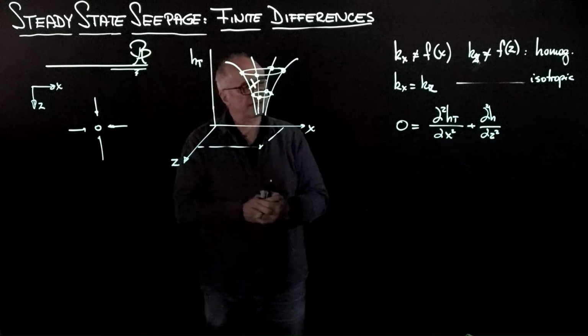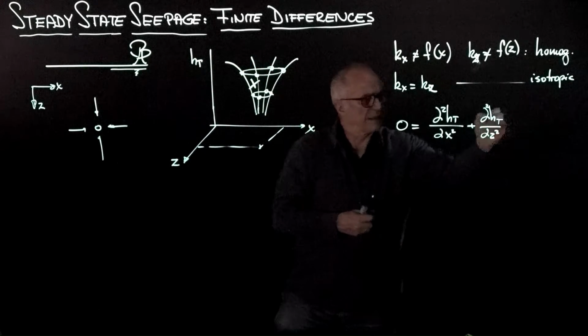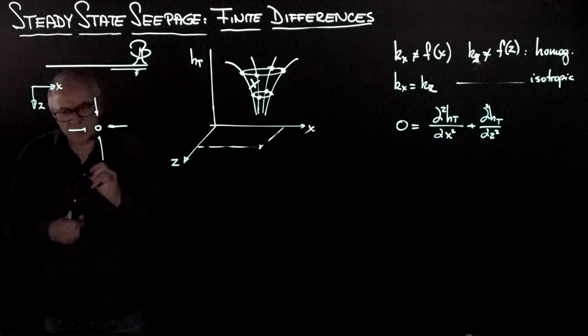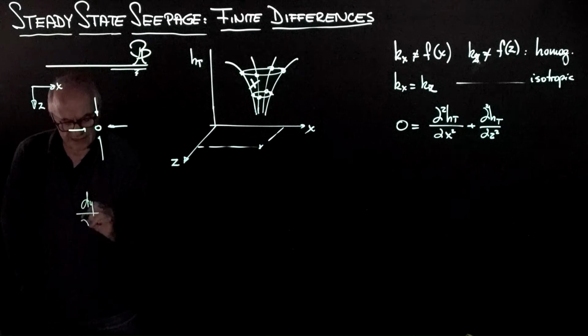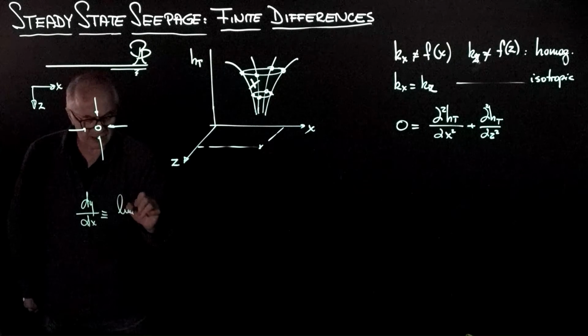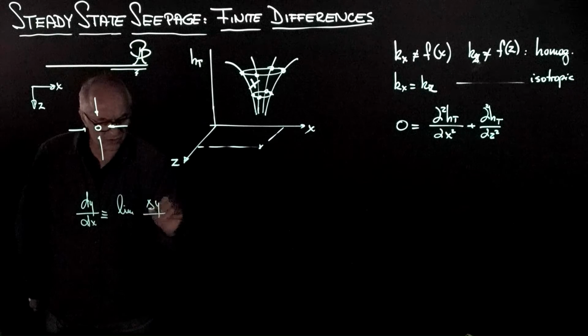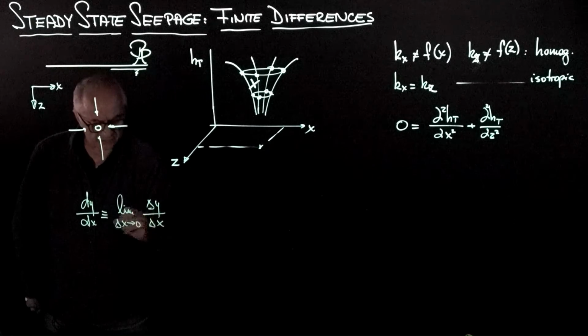The other thought that I would like to remind you of is the concept of derivative. The derivative dy/dx is equal by definition to the limit of delta y over delta x when delta x goes to 0.